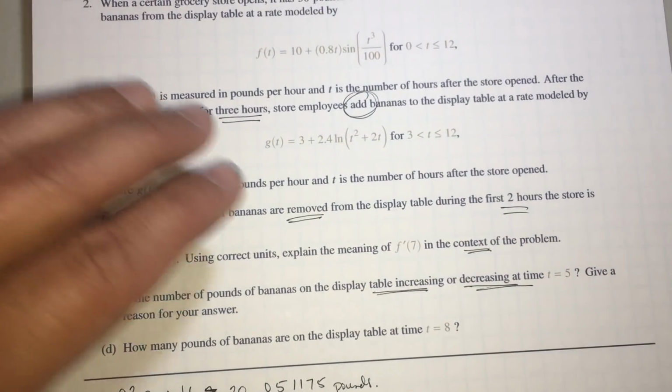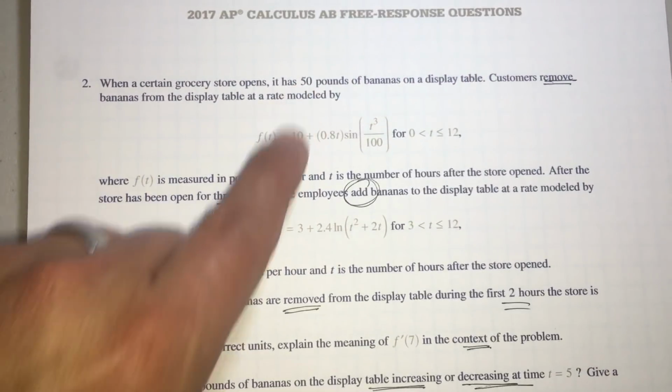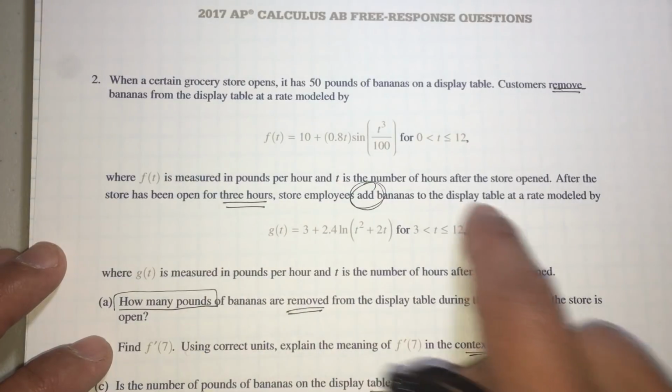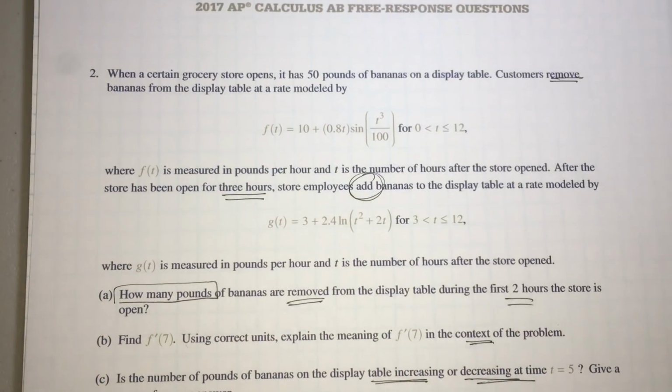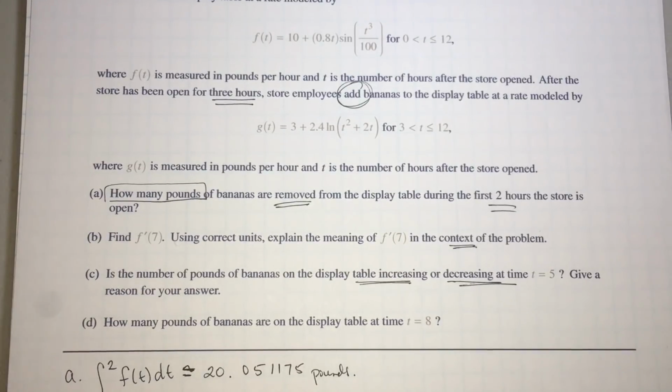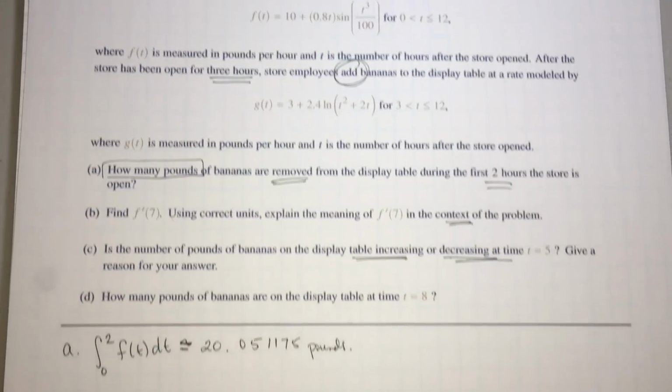You have a table with 50 pounds. Some is being removed, some is being added. After 5 hours, are more bananas being put in than are taken out, or is it the opposite?